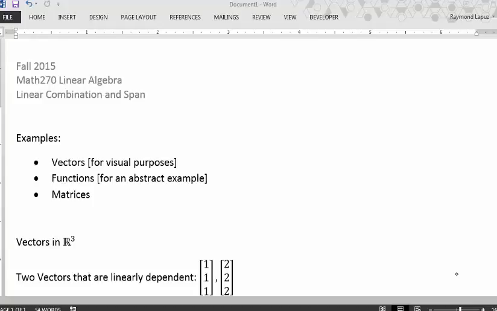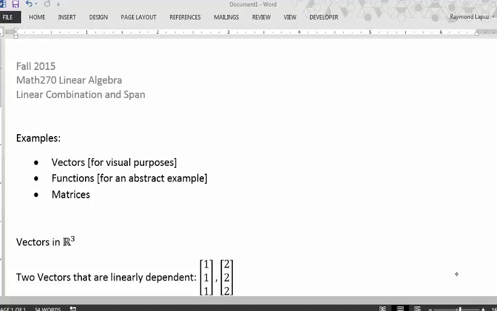Now I know we didn't talk much about vector spaces, but examples of a vector space are vectors in R3, vectors in Z2, any of those vectors. Other vector spaces that we won't go over in linear algebra are functions. Functions form a vector space as well.